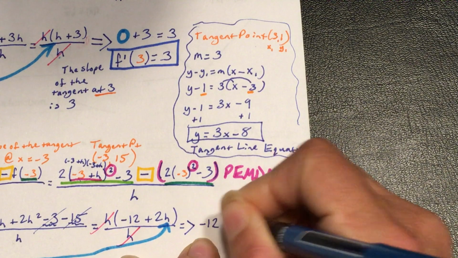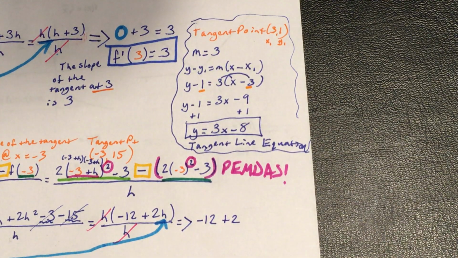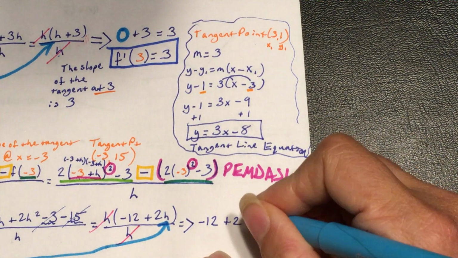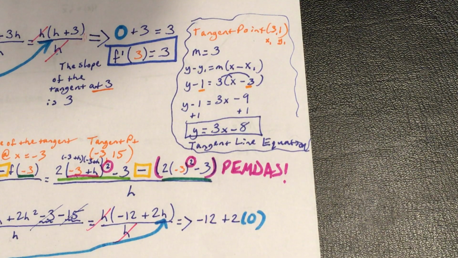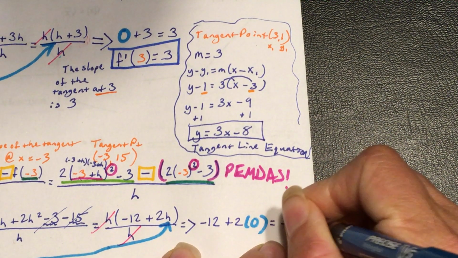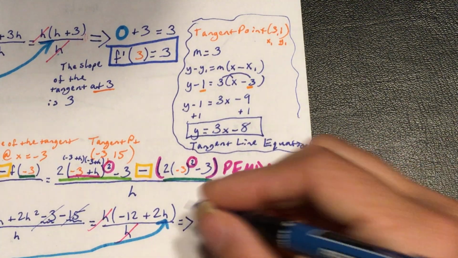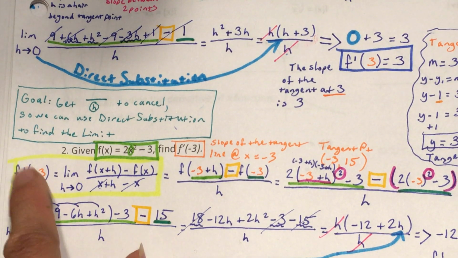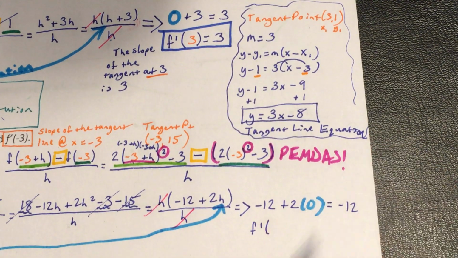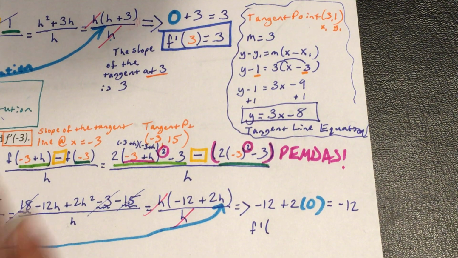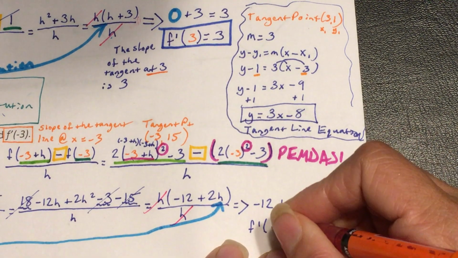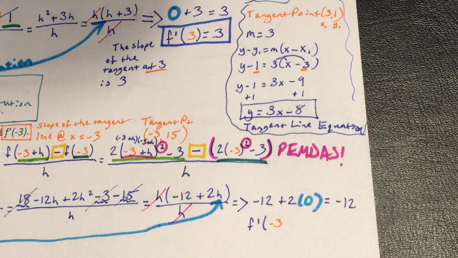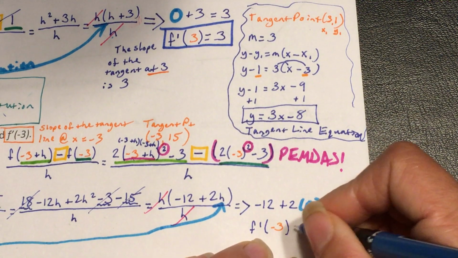So this turns into -12 plus 2 times that h value of 0. And so we just get -12. What equals -12? Why, that original part of our expression, f prime of -3. So all that crazy work, and we just get a nice little straight up number value of -12.